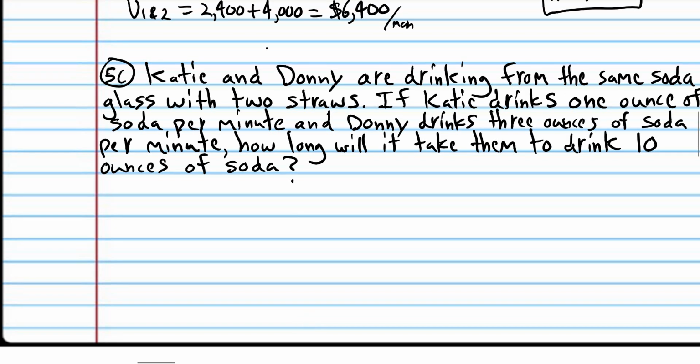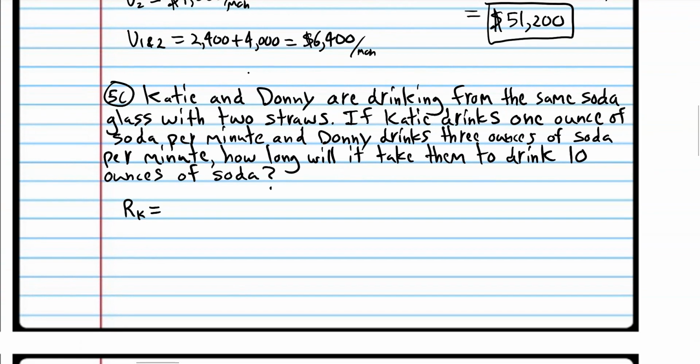All right, so the rate for Katie is 1 ounce of soda per minute. And the rate for Donnie is 3 ounces per minute. I'm sorry, that should be unit rate. Those are all unit rates because the second number is 1 minute.